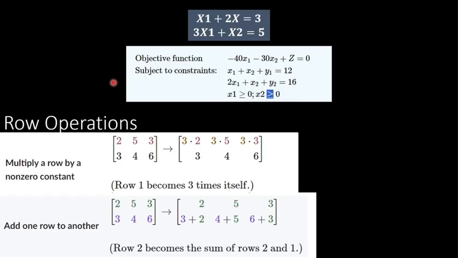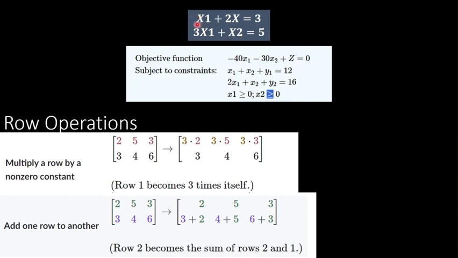To do so, we will use the elementary row operations for the matrices, which are very simple. The idea comes from the equations. If we have two equations like x1 plus 2x2 equals 3, and 3x1 plus x2 equals 5, to solve this problem we need to eliminate one of the two variables.